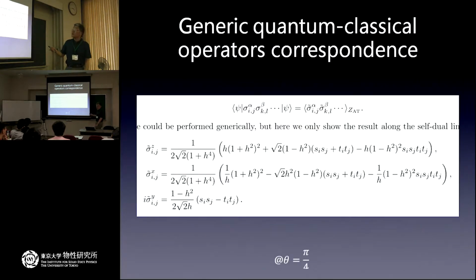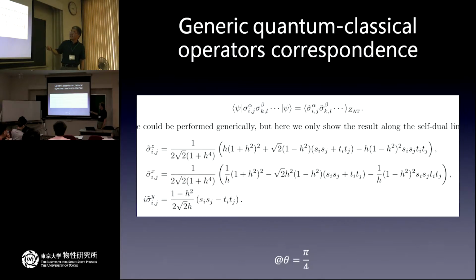And also you can calculate the spin-spin correlation function in the quantum model, by relating this correlation function to the operator in the classical statistical model. Clearly you see that this local operator in the quantum model is no longer a local operator in the classical model.